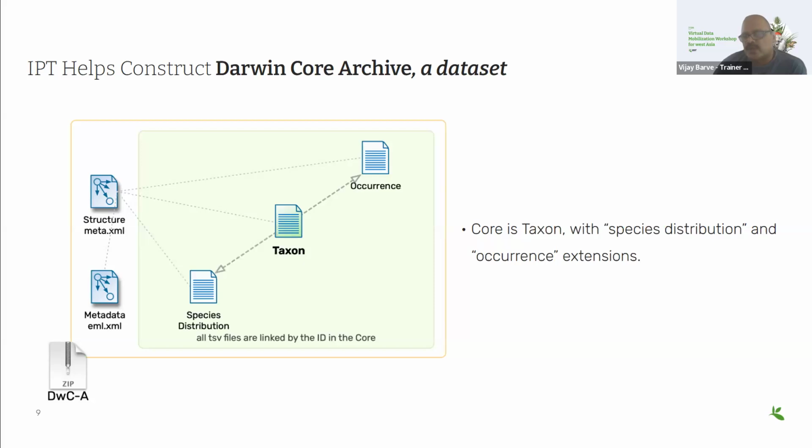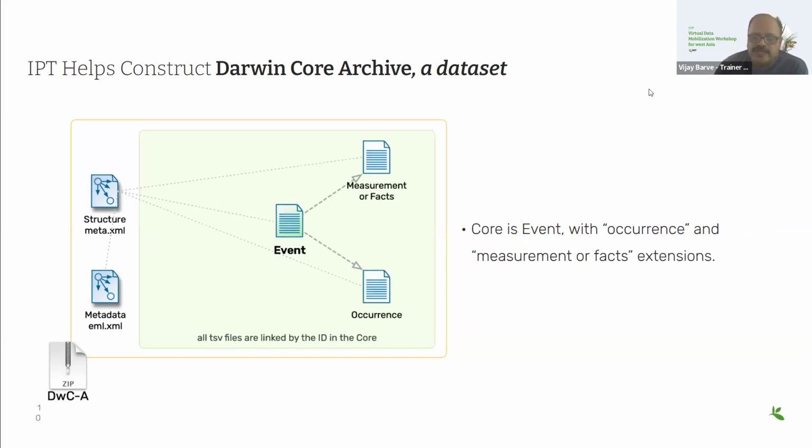And then you can have a taxon core with again some occurrences and some distribution extension. You can have events with again measurement and occurrence extension. So you have the events and you have the occurrences, and then you can also have the measurement of facts.